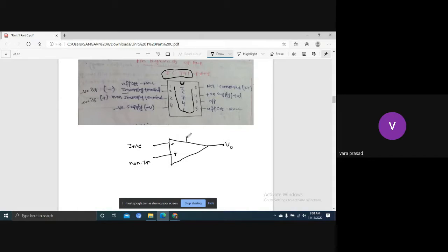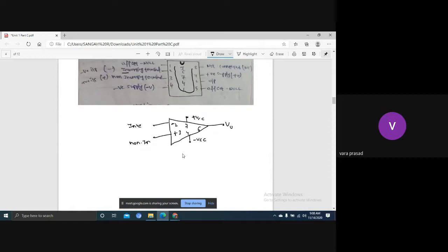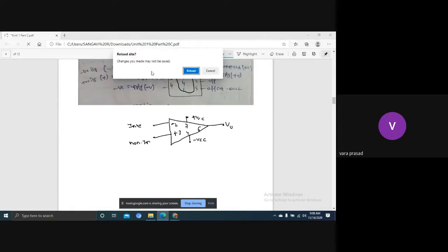We can apply plus VCC and minus VCC here. Now, in this pin diagram, pin 2 and pin 3 are the two inputs, pin 4 and pin 7 are the supplies, and the output is pin 6. This is the op amp symbol.